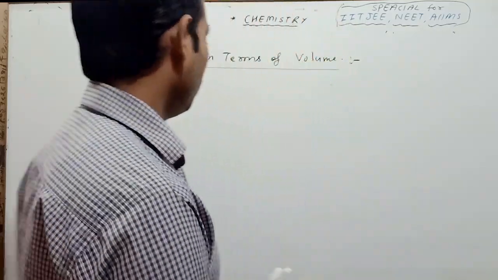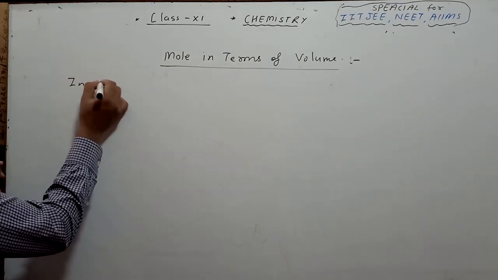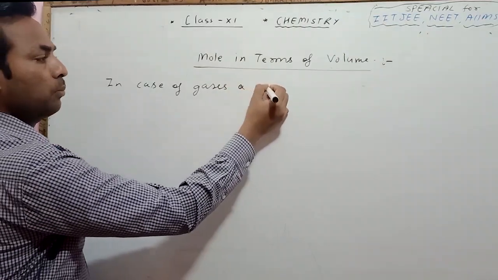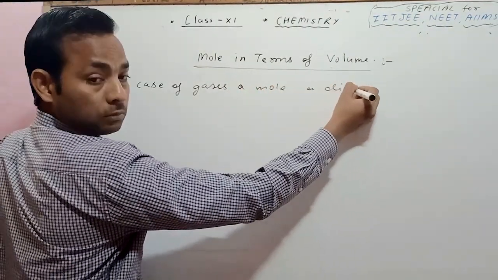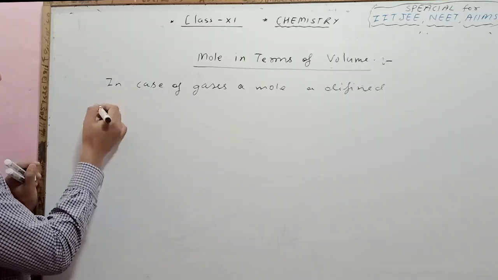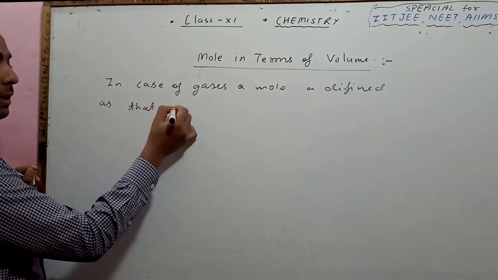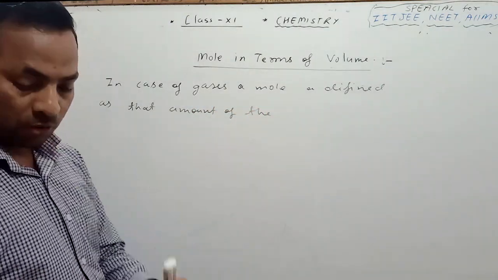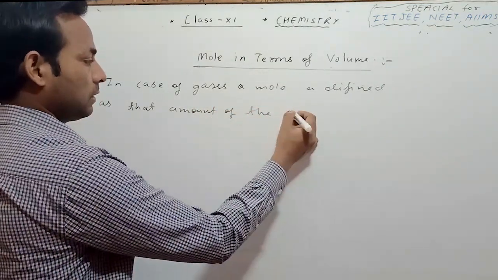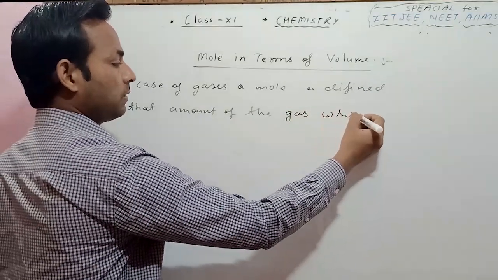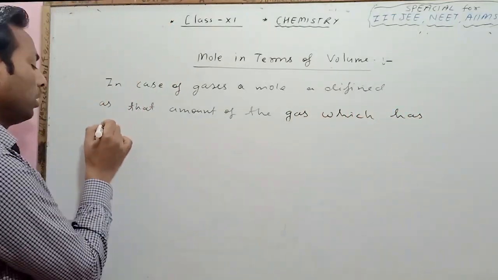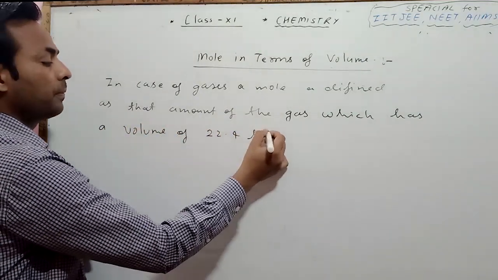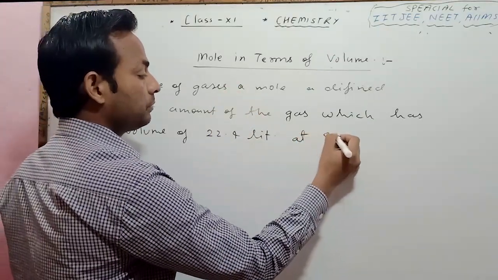Okay. So in the case of gases, a mole is defined as that amount of the gas which has a volume of 22.4 liter at STP.